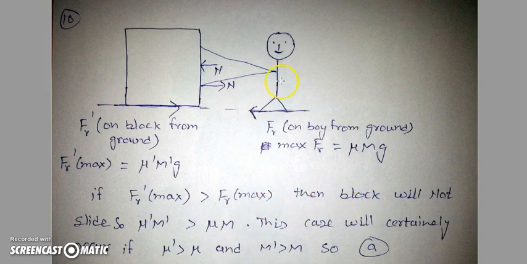If the boy pushes the block harder, he will slide himself. The maximum friction on the block is mu dash m dash g, and the maximum friction on the boy is mu m g. G cancels, so mu dash m dash must be greater than mu m for the block not to slide. This case will certainly occur if both mu dash and m dash are greater than mu and m, and that is option E.